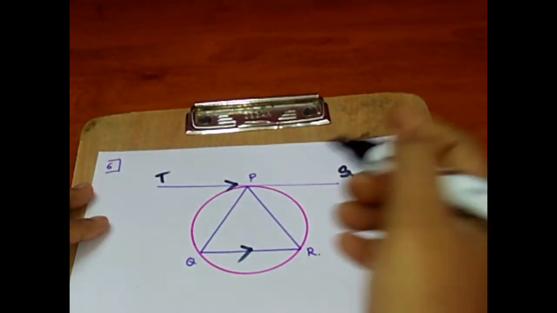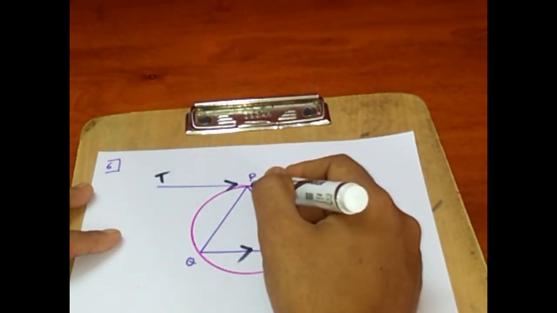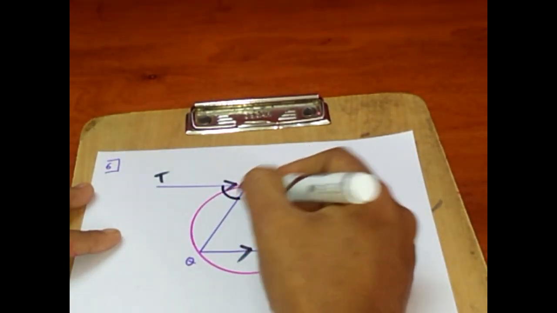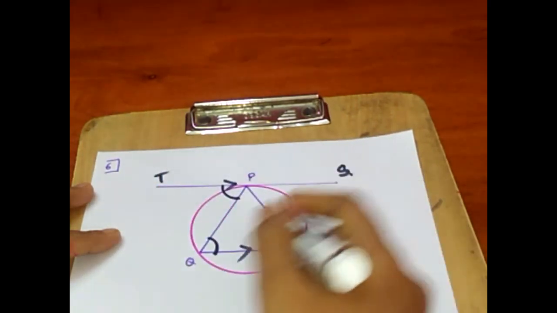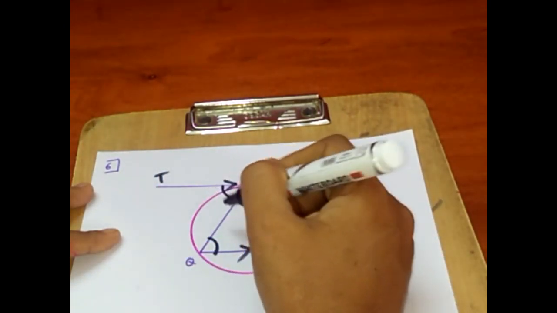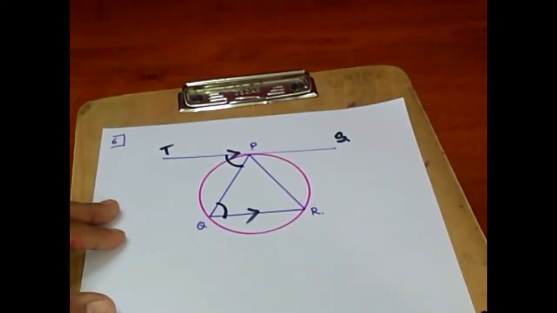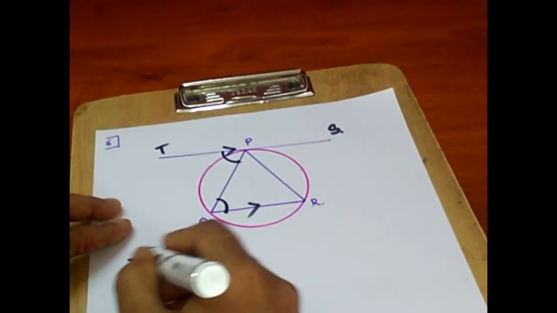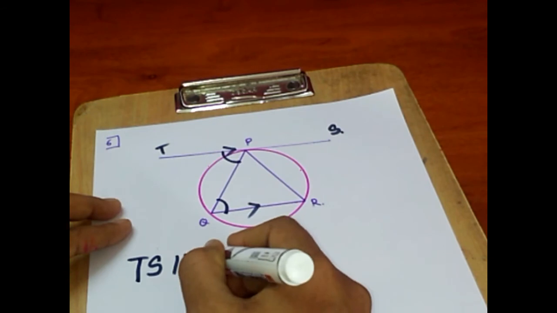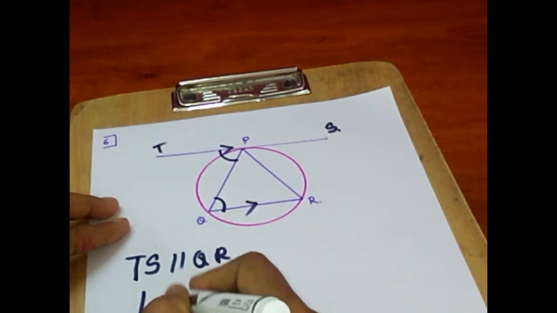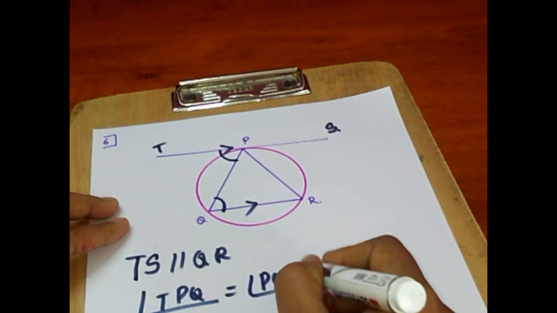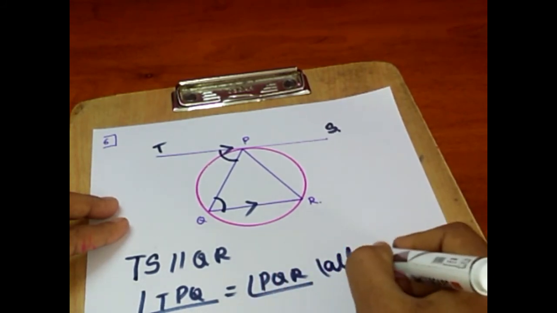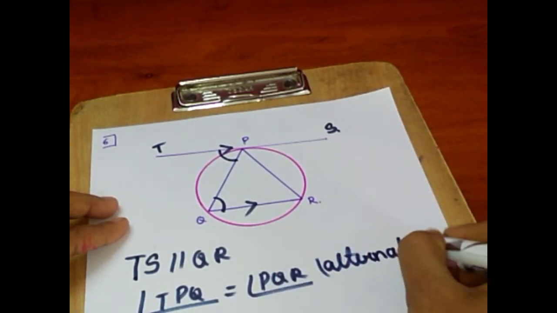Here we can find angle TPQ is equal to angle PQR because TS is parallel to QR, alternate angles. Write on the first point, children. TS is parallel to QR, hence angle TPQ is equal to angle PQR. Reason: alternate angles.